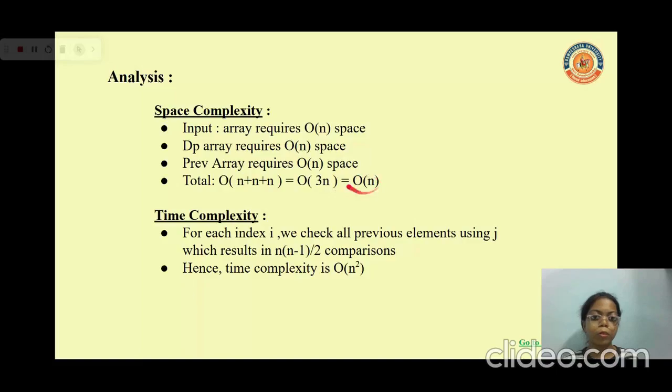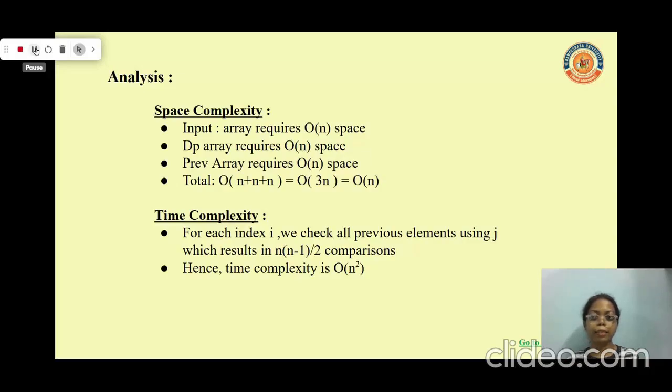So overall I will need O of n space complexity. Time complexity: as I am checking all my previous elements at each position, there will be n into n minus 1 by 2 comparisons, and time complexity will be O of n square.